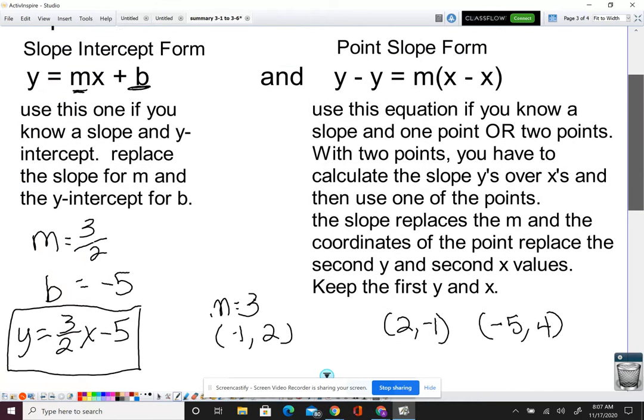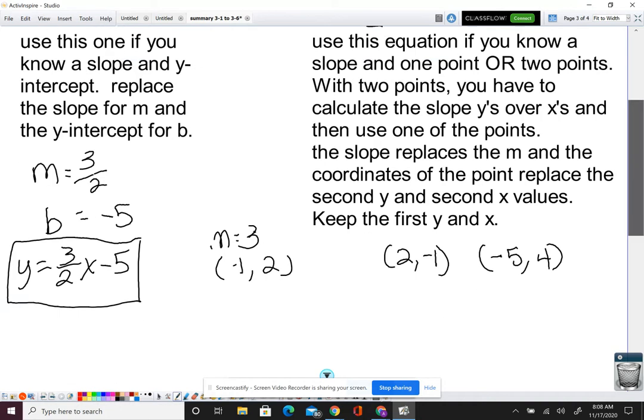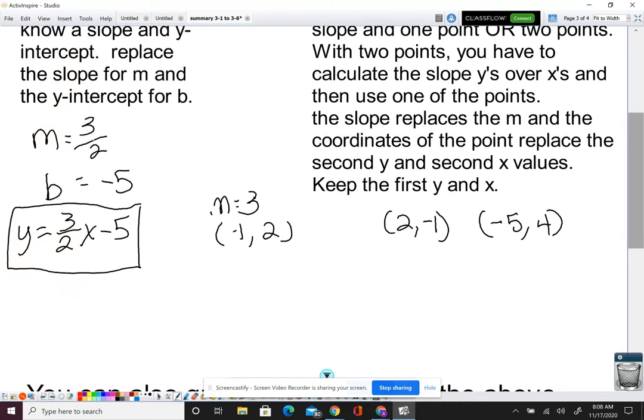If you're given a point with a slope, or you're given 2 points on the line, you're going to have to use the point-slope form. What we do with this form is we replace the slope with m, and we replace this y and this x. So the second y and the second x get replaced along with the slope. If you're given 1 point and the slope, like in this case, we're going to take the y coordinate.